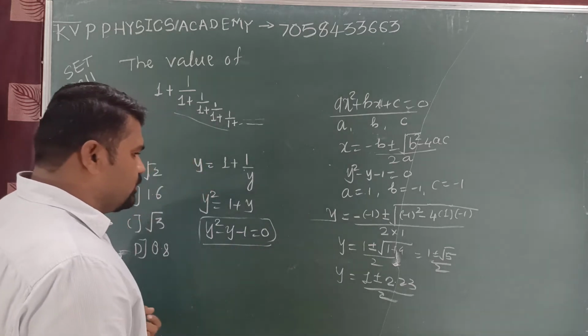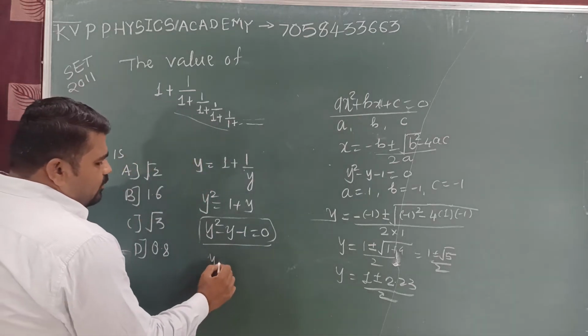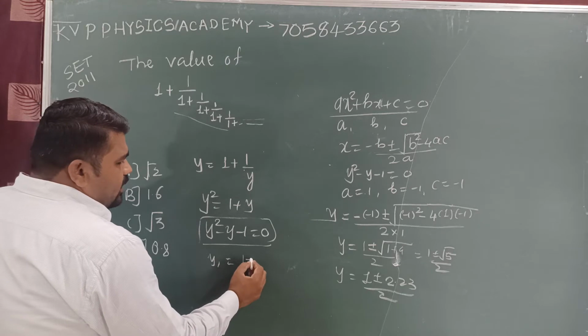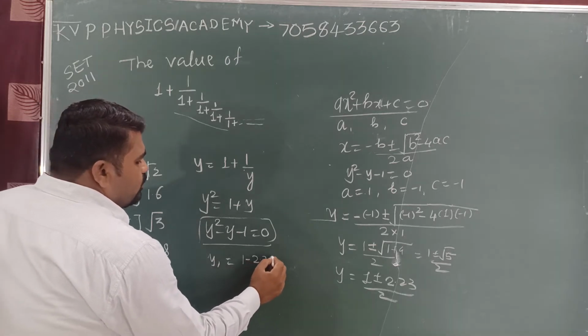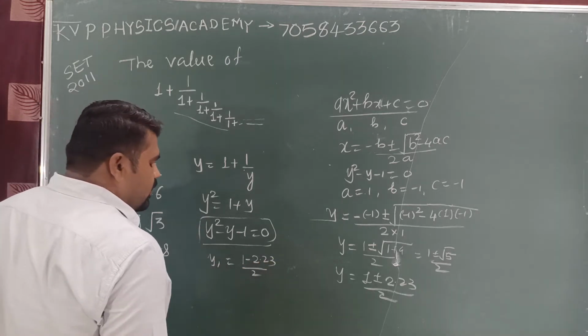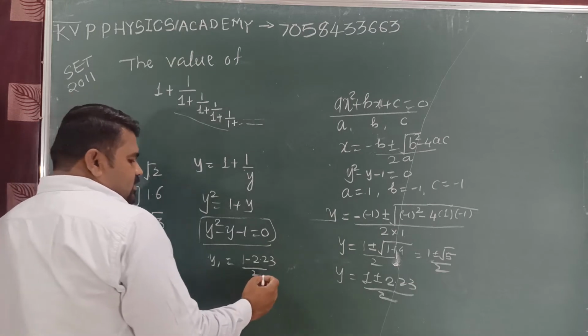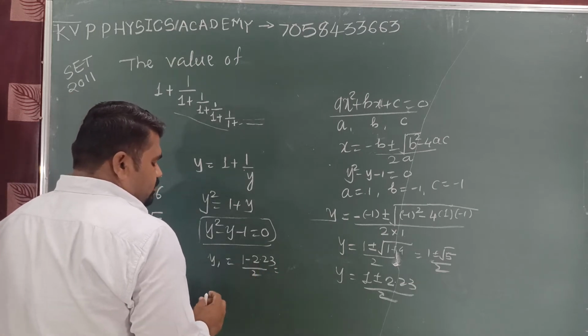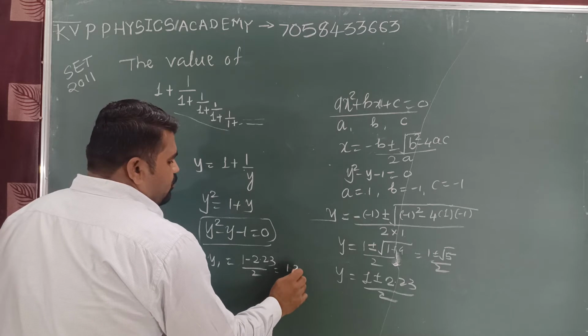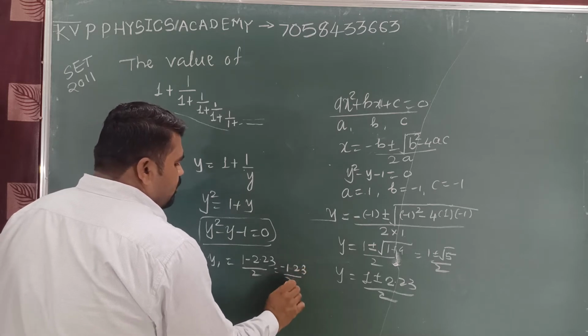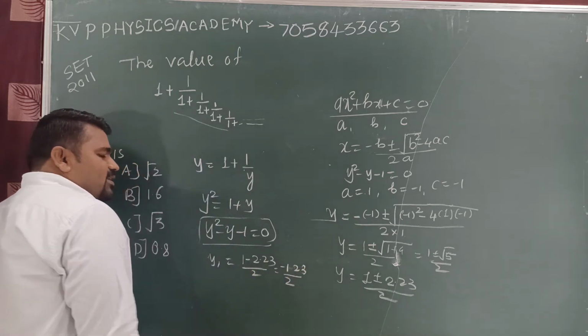How many roots? 2 roots. y1 is equal to 1 minus 2.23 upon 2, which is minus 1.23 upon 2, so it is like 0 point something.